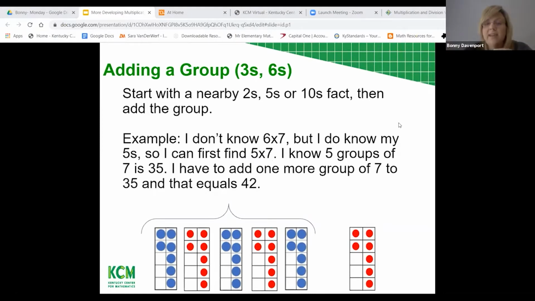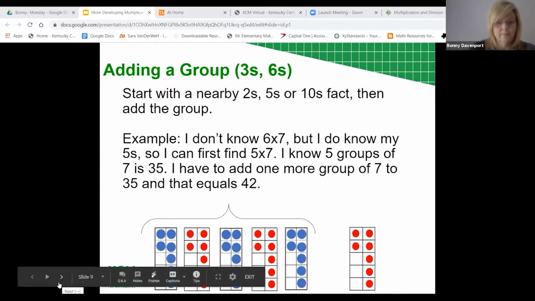So, for example, if a kid doesn't know 6 times 7, but I do know my 5s, I can first do 5 times 7, and I know 5 groups of 7 is 35, and I just have to add one more group of 7 to that 35 to get to 42. And you can see that down below in the diagram using the tens frames.